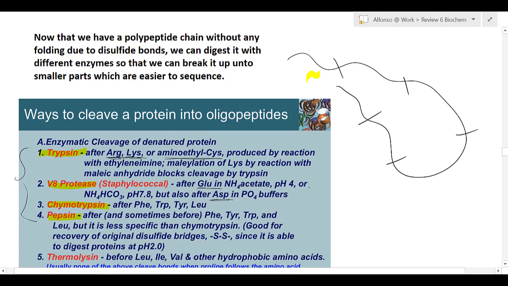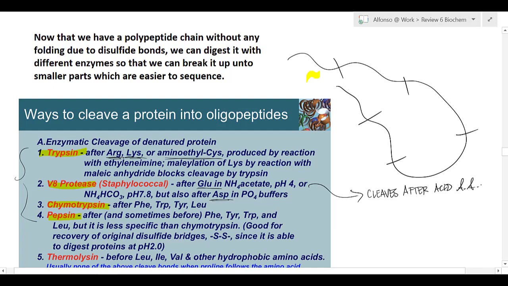So this one, V8 protease, cleaves what type of amino acids? Acidic. Good job. So V8 protease cleaves after acidic amino acids, and we'll go over what that looks like.